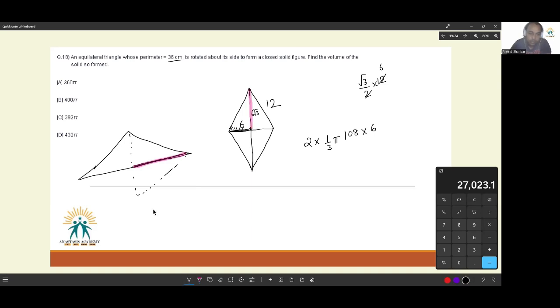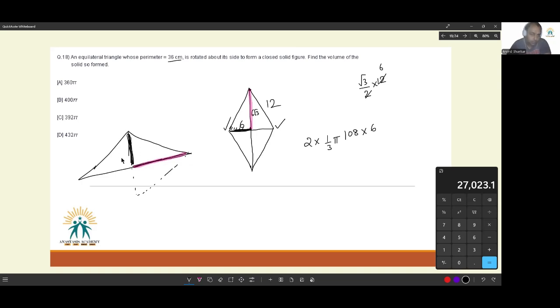The height of the triangle is the base radius of the cone generated, and half the side length of the triangle is the height of the cone generated, and there are two such cones getting generated.